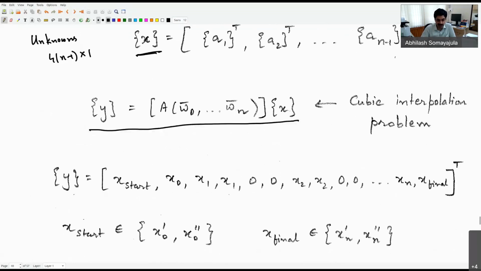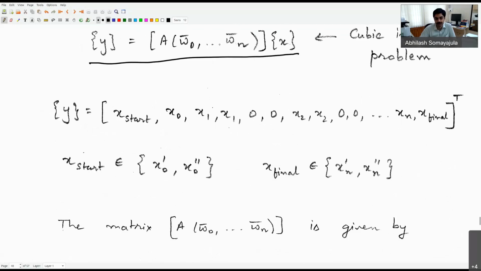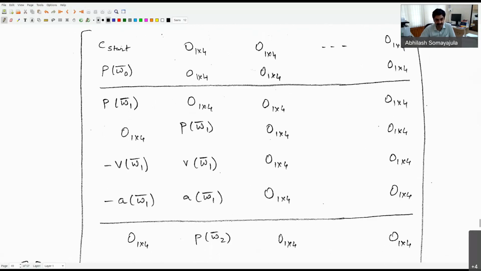So we look at what is y. Y was given by this vector which we saw here. And the corresponding A matrix, which would make sure that all the constraints are satisfied, was shown to be this, where the first 2 rows are telling me that the position vectors should approach the same value if I come from the left or from the right of the waypoint.